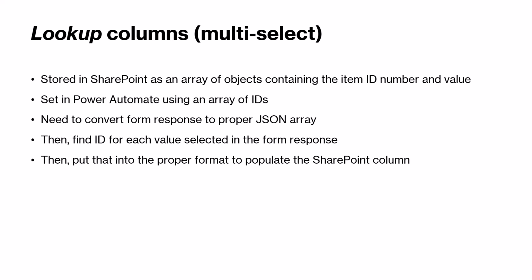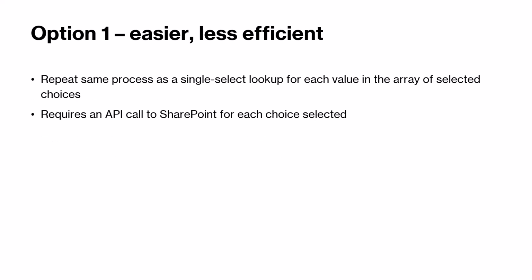So basically what it comes down to is there are two ways to go about doing this, two options. The first option, we're calling it option 1 because it's the first, is to basically do the same thing we did for a single select lookup value, but repeat that process for each value in the array.